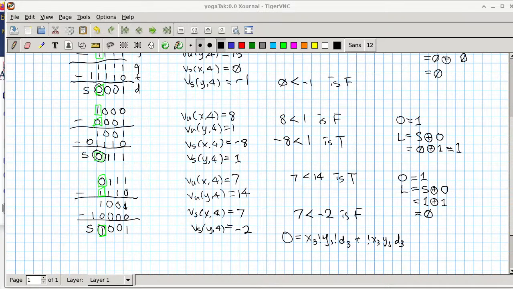But that's the same mechanism that you use to figure out the O for all of the other cases too. You basically just focus on the sign of x, the sign of y, and the sign of d, and then you just plug it into this whole thing here and figure out whether overflow is a 1 or a 0. All right?